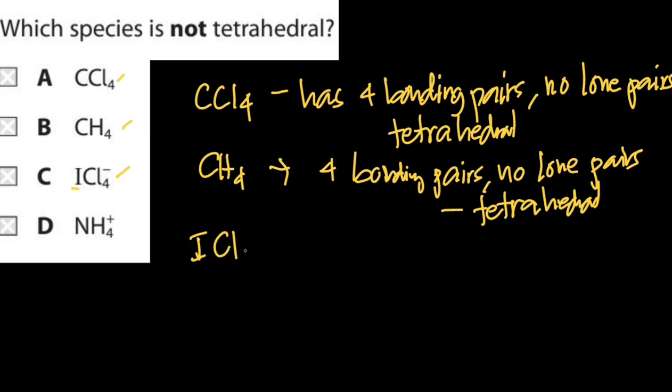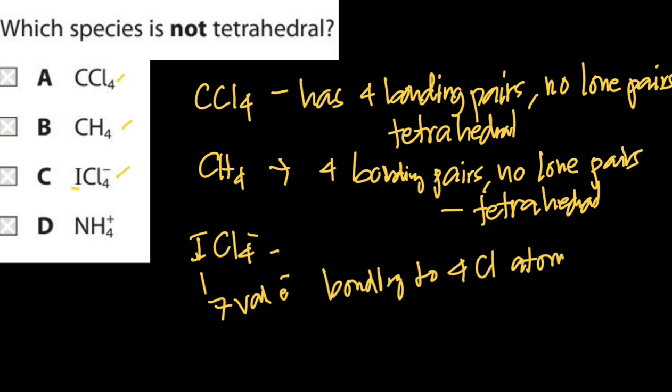How about this tetrachloroiodide ion? The central iodine here has 7 valence electrons, plus 1 from the negative charge. That would give us a total of 8 electrons. Bonding to 4 chlorine atoms uses 4 pairs, leaving 2 lone pairs.